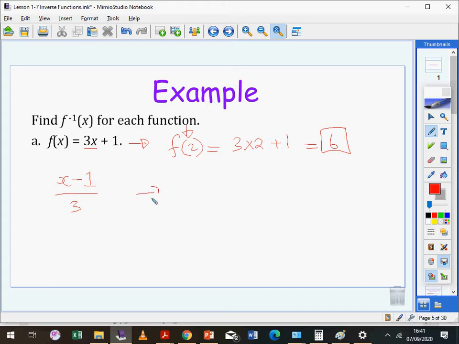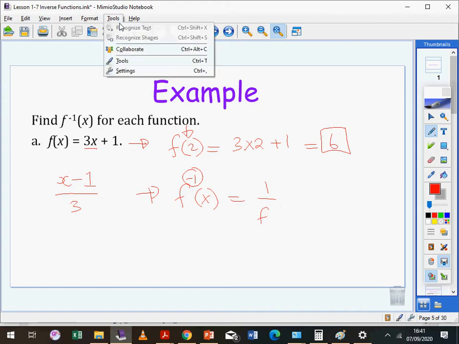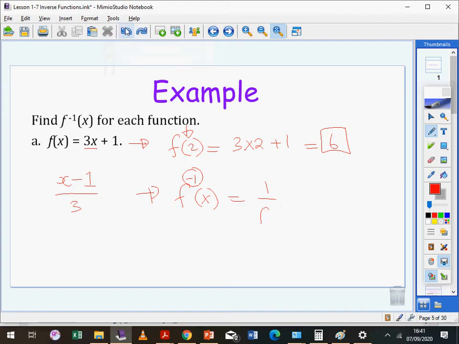And as you can see from here, that function would be, and I'm going to call it the inverse function, f inverse. This does not mean reciprocal. It's just the mathematical notation for the inverse of a function. It does not mean equals 1 over f of x. So please don't make that mistake. That's not what it means. It means the inverse of a function.